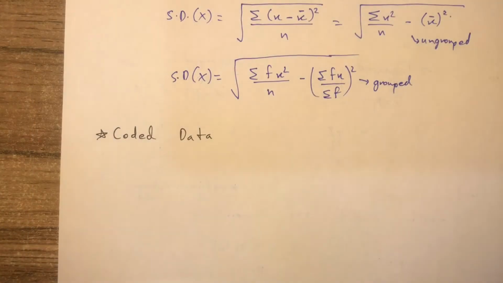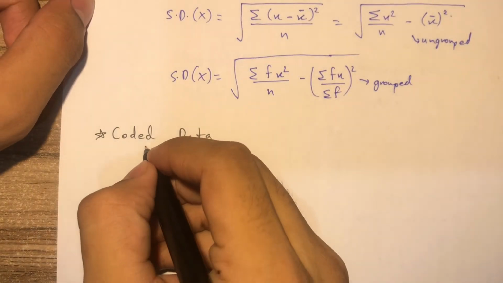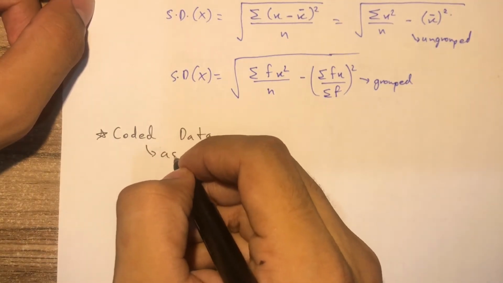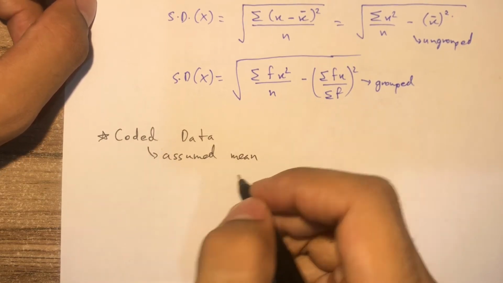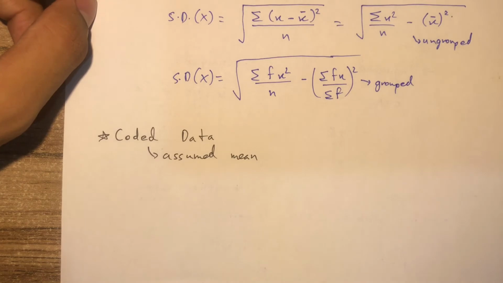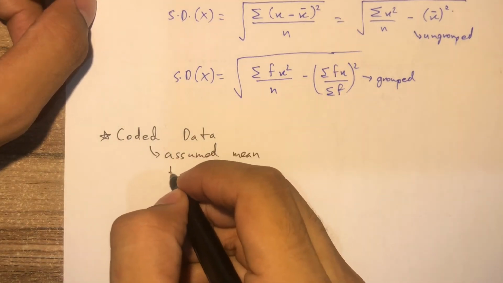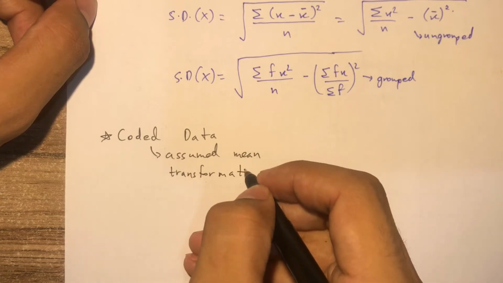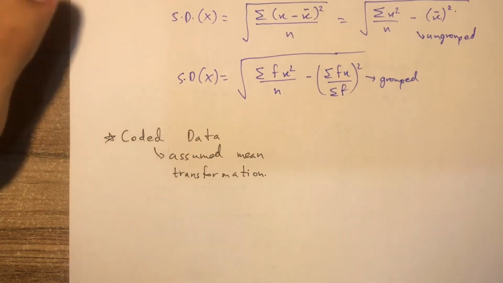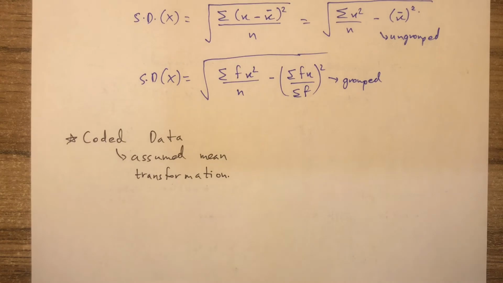Now the last thing in mean is the coded data, also called by some assumed mean, or sometimes it's called transformation of the data. So basically what happens here is that a certain value is added or subtracted from all of the terms to make it more simpler.